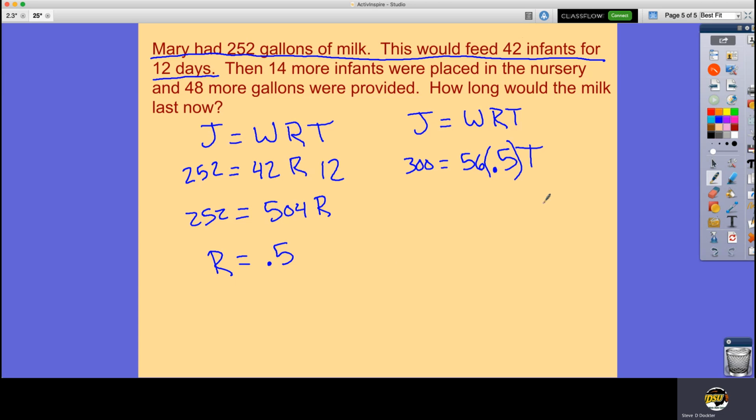All right, so 56 times a half is 28 times t equals 300. Divide the 28 over. That would definitely simplify down, so I would change it to a decimal at that point. So our time would be 10.7 what here?